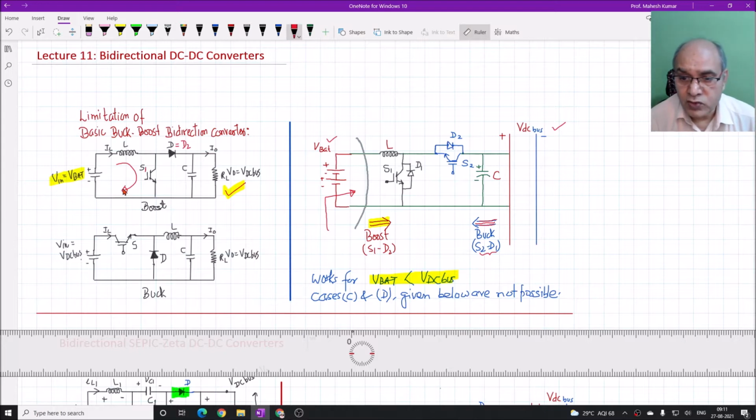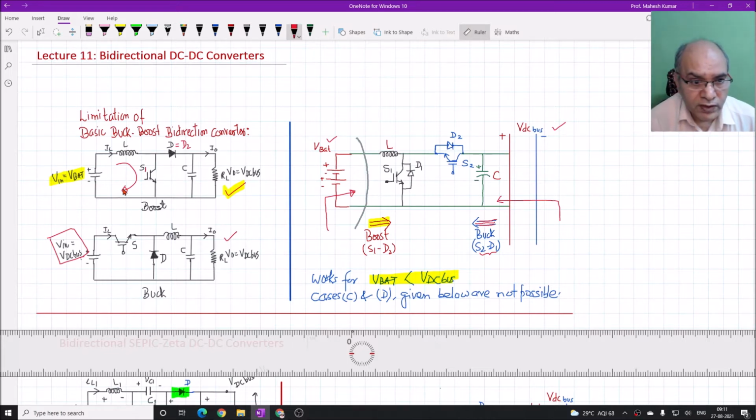So if you use S2 and D1 and look from this side, what will you see? You will see this circuit. This is my input now, V DC bus, and from that I will see the first switch here.